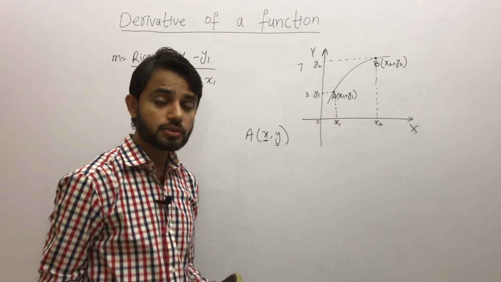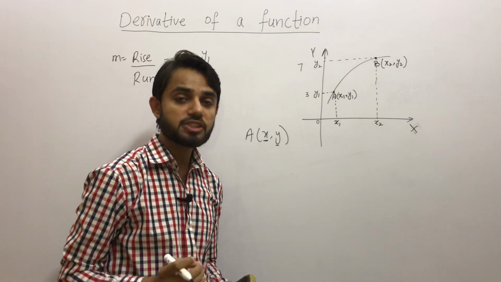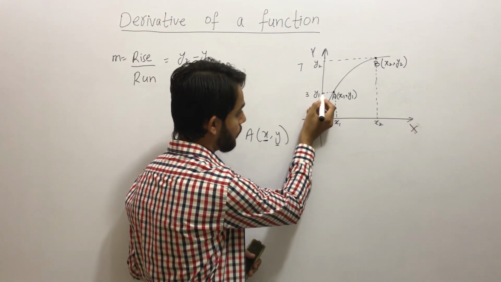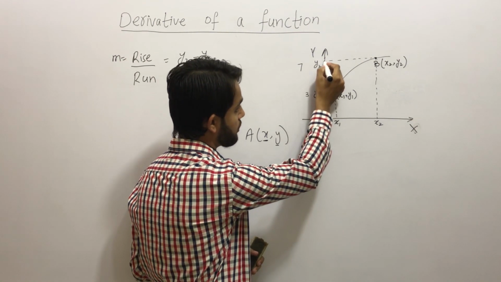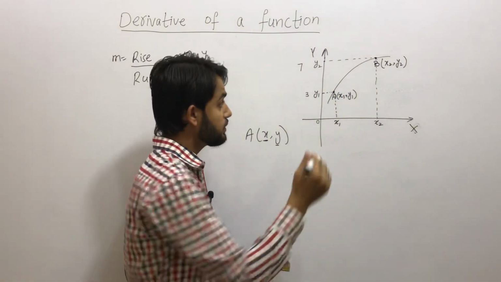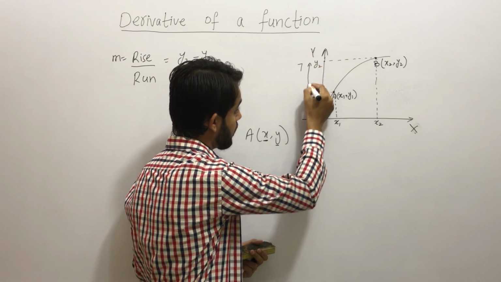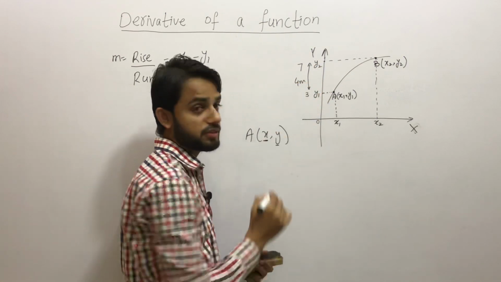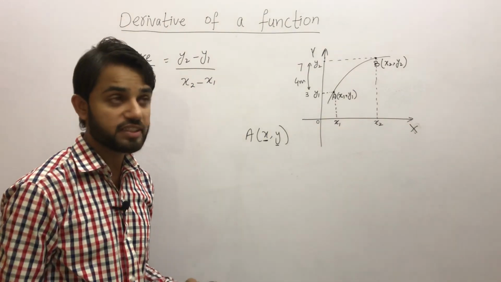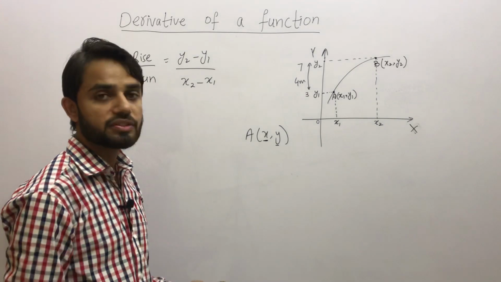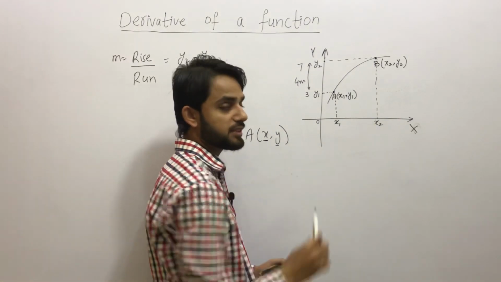If I ask you how much change we have on the y-axis from y1 to y2, you will say it's simple, it's 7 minus 3, which is 4. So the change on the y-axis is 4 meters. That is what change actually is, right? So that's how we get y2 minus y1, and the same goes for the x-axis.